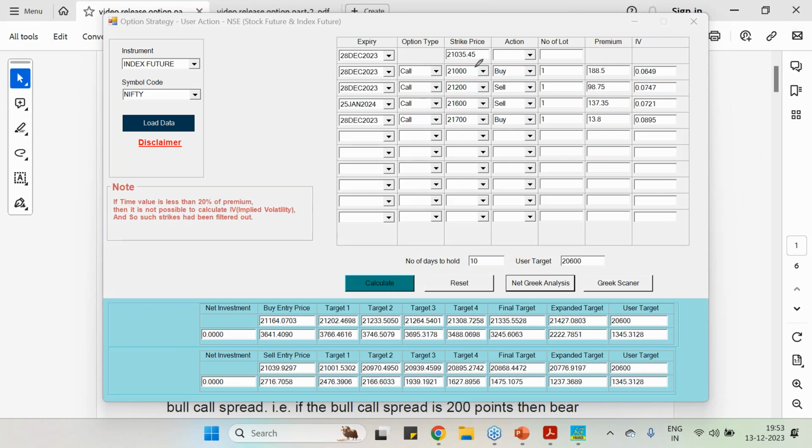So if you have initiated all 4 legs, what will be the margin? Hardly 68,000. All 4 call. Same way, all 4 put also 68. If you don't want put, only call, good. 300, 400 points also gives some profit.